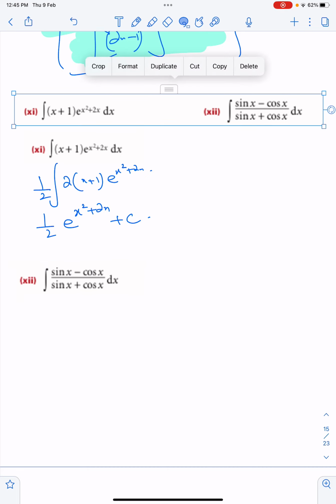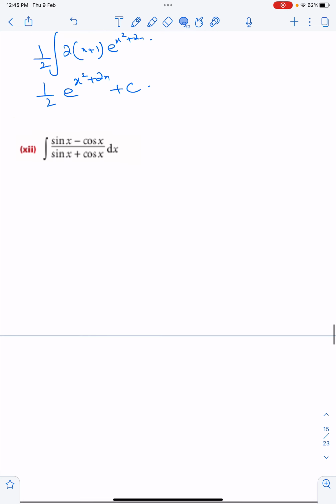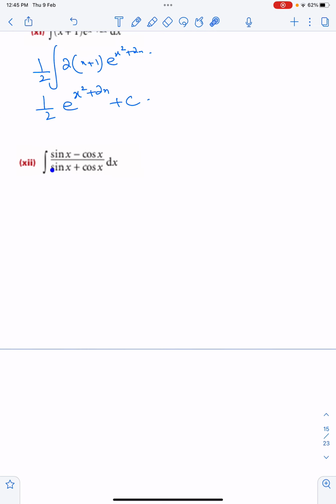Now this question. The result of the differentiation of sin x plus cos x is cos x minus sin x. Okay, but it is the opposite sign. So I can multiply it by negative here: (sin x minus cos x) upon (sin x plus cos x) dx.